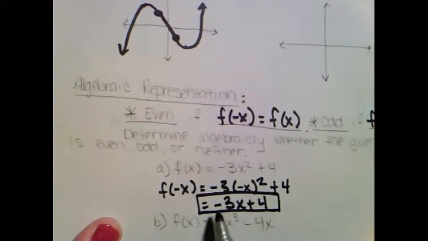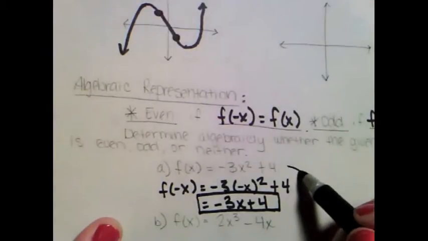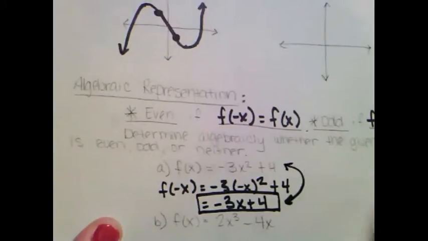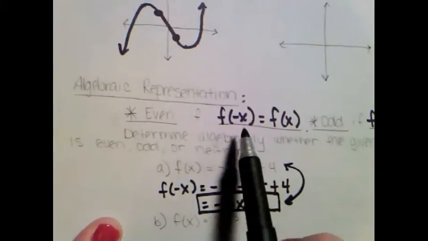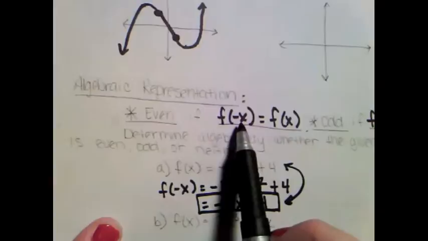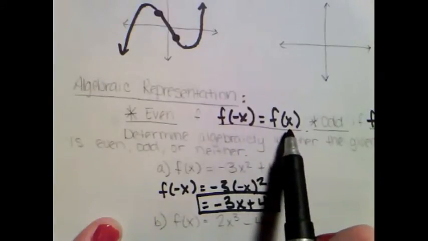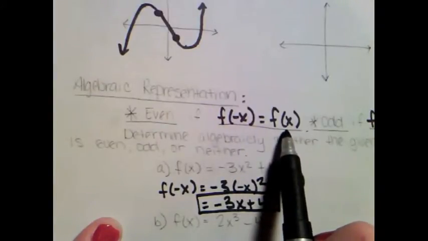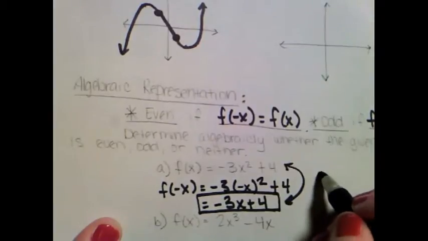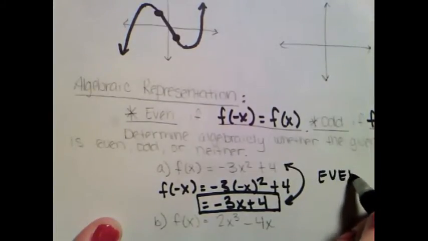After we plugged a negative x in, we have the exact same function that we started with. So that's what this means here. We're going to plug in a negative x to our function, and our result is our exact function that we started with. It is even.